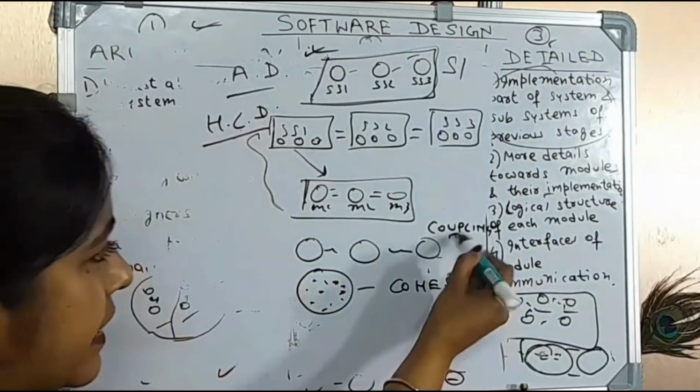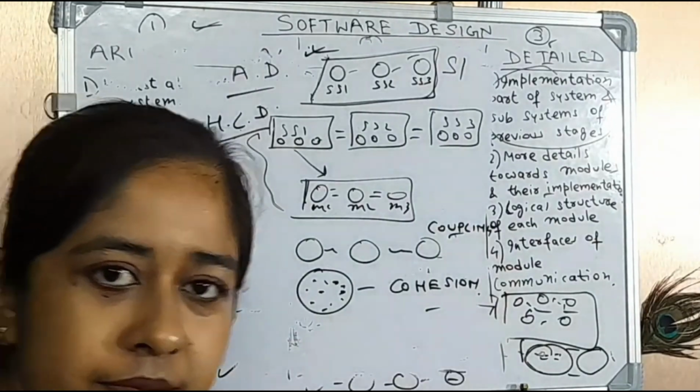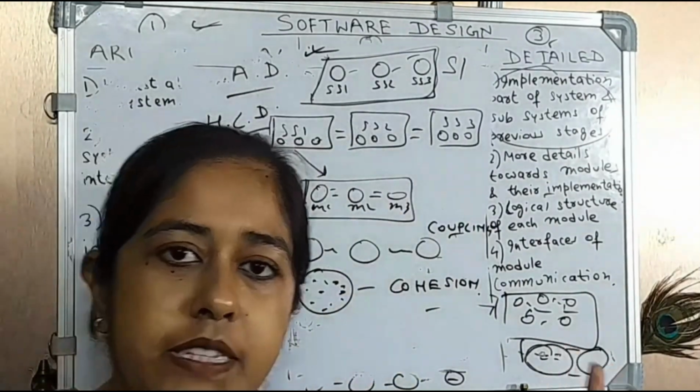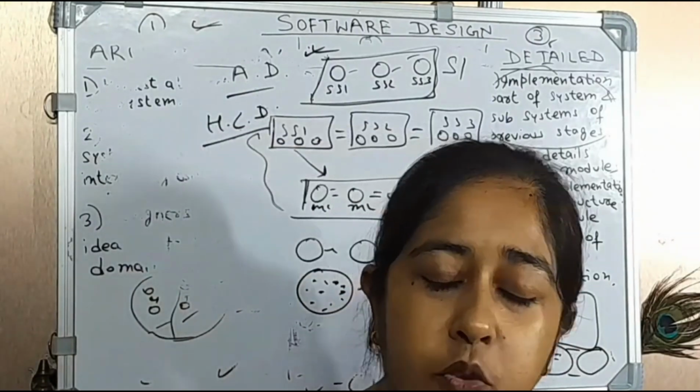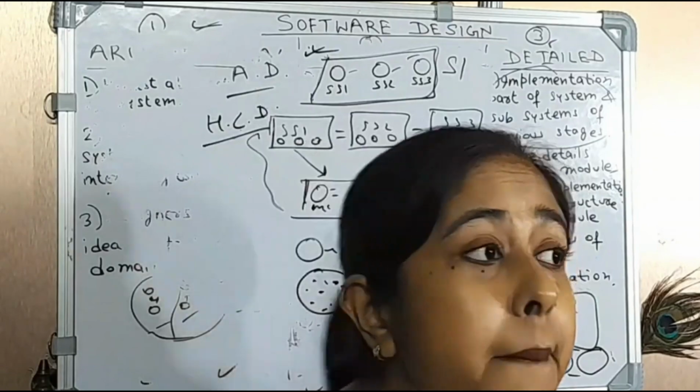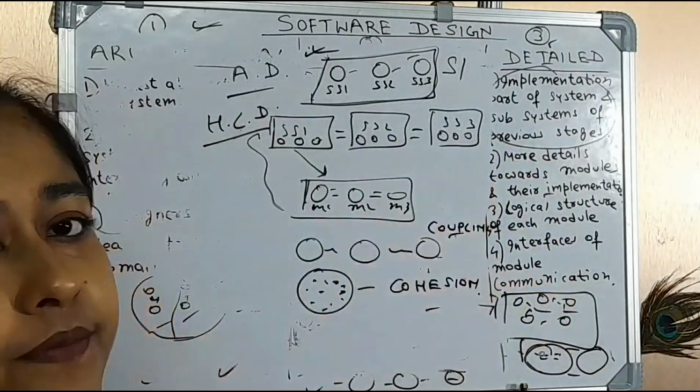This is coupling and cohesion. There are also many types of coupling and cohesion: 7 types of cohesion and 5 types of coupling, which we will see in another class.